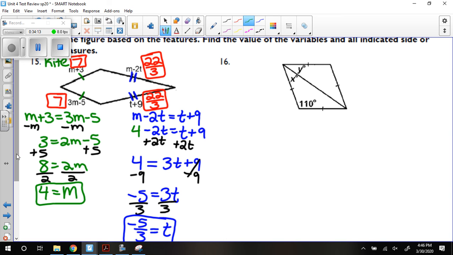Okay, for number 16, this is a rhombus. I know that because of these 4 tick marks that are marking all 4 sides. In a rhombus, the diagonal bisects the opposite angles.